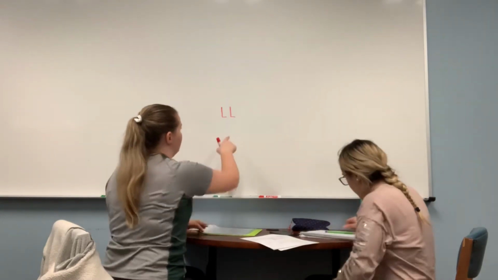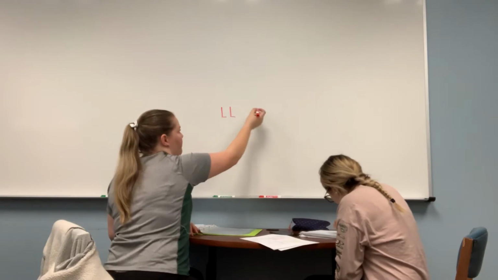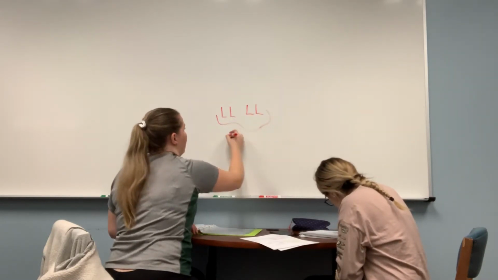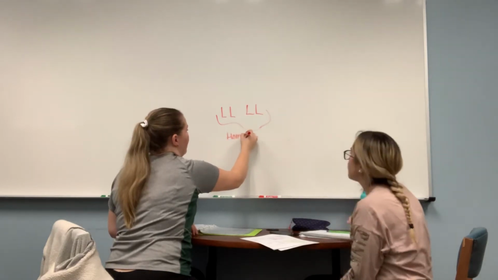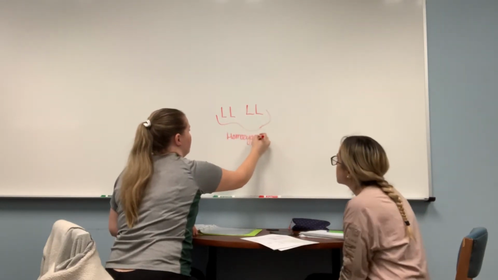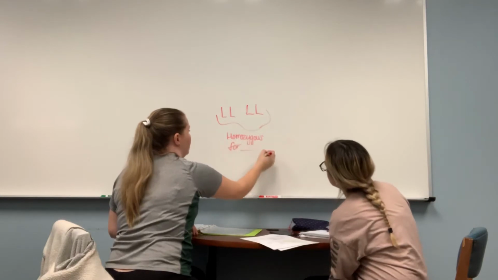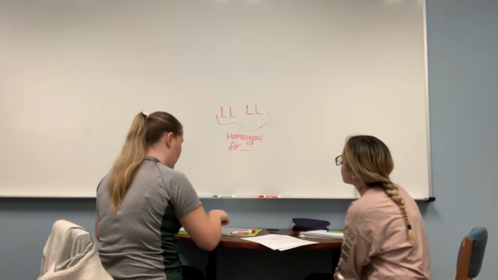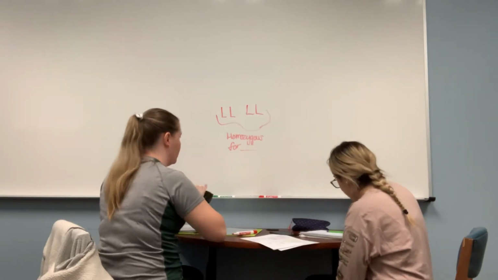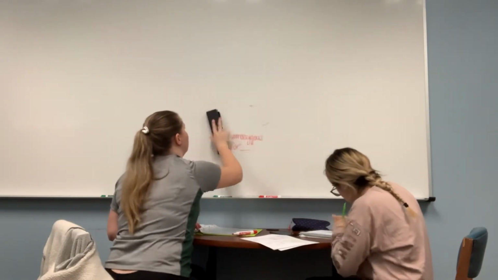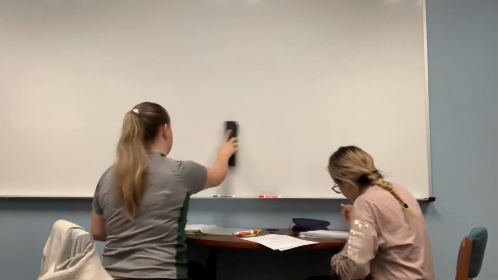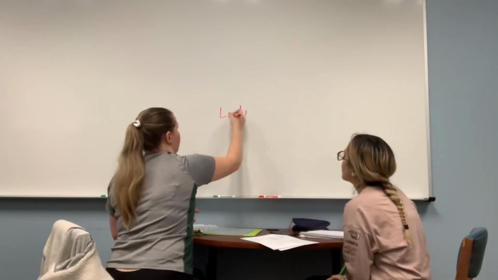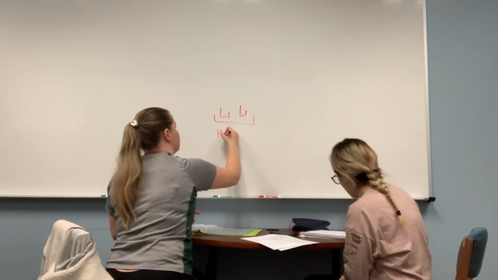So if I have this and my partner also has capital, then we are homozygous for the allele. And heterozygous would be different. It would be two different alleles for a gene, so the dominant and the recessive. Same thing we just looked at. Heterozygous.